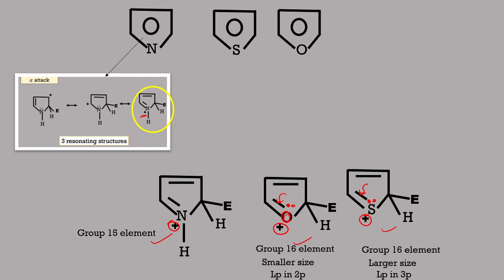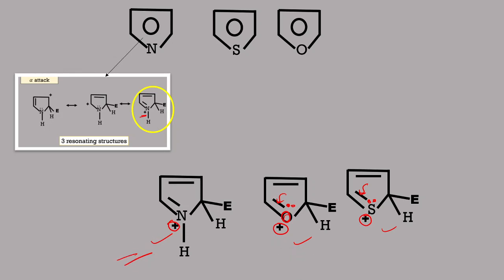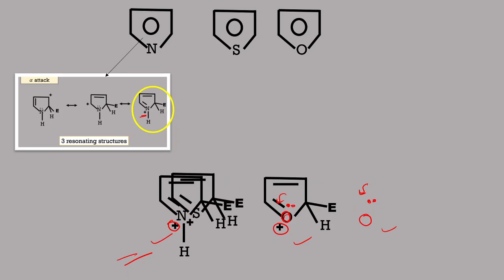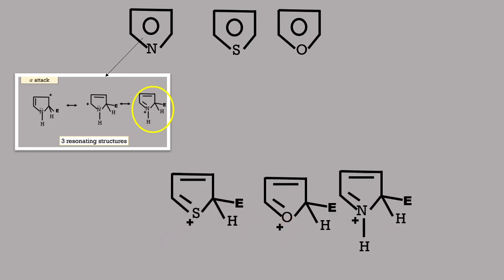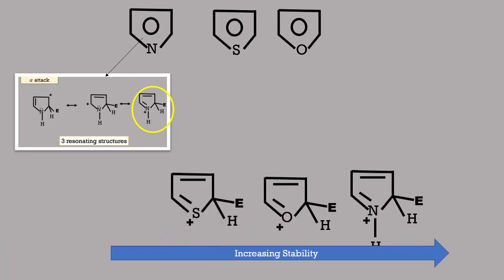So keeping that in mind, the donation of lone pair from sulfur is a little bit difficult. Nitrogen also has a lone pair in 2p, so it can easily donate and it can handle the positive charge better also.